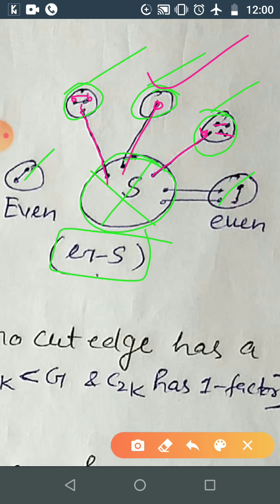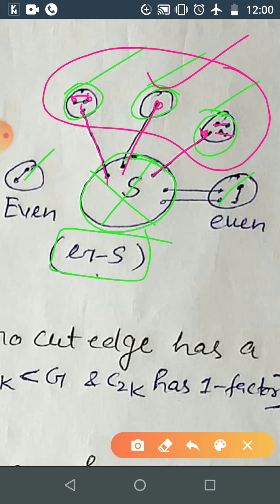So all the odd components of G minus S have at least one vertex, or you can say exactly one vertex, that is incident with an edge whose other endpoint is present in S. So how many vertices in S should there be?